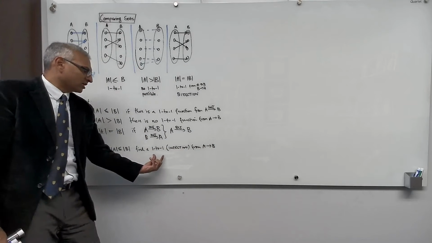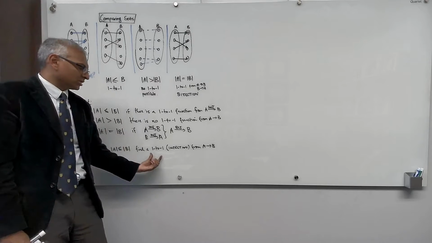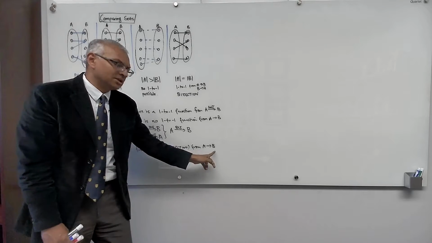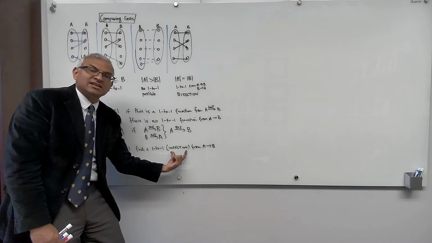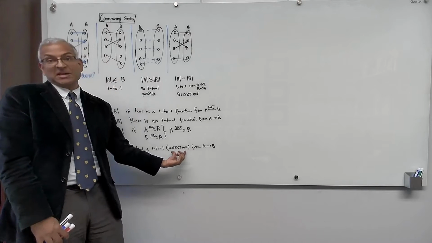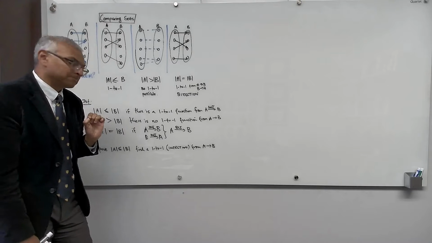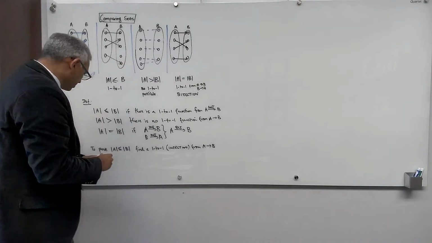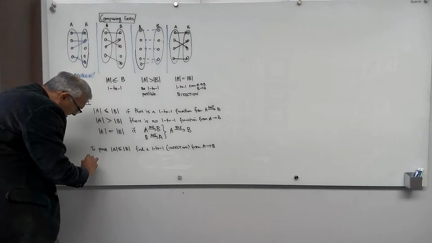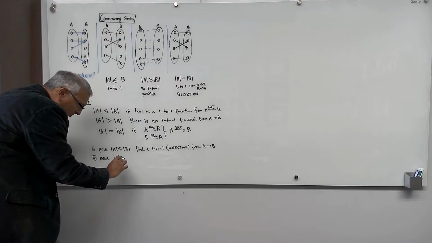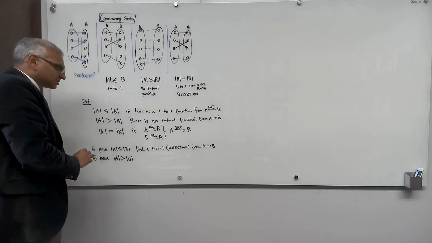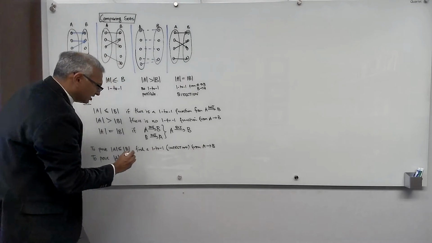First of all, you must find a valid function, so you must show that your function is a valid function from A to B. And then you have to prove that it is an injection. And what do we mean by injection? It means that two elements of A cannot map to the same element of B. And we'll see some examples of that. To prove that the size of A is greater than the size of B, this is tough. You have to show that there is no such injection.